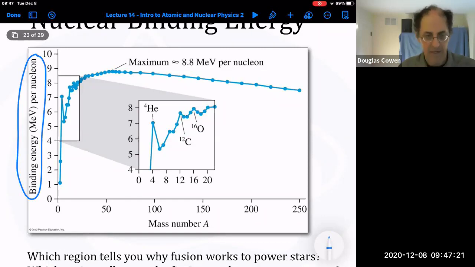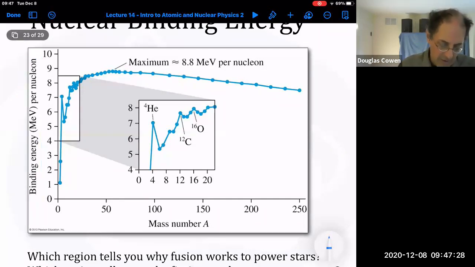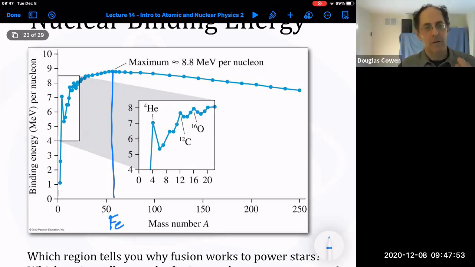It's kind of like the average binding energy per nucleon in the nucleus. And what you see in this figure is that it grows dramatically as you go from lighter to heavier, and then it starts to decrease again as you get heavier and heavier still. The peak here, the maximum, is where iron is located. So the iron nucleus has the highest binding energy per nucleon of any nucleus.